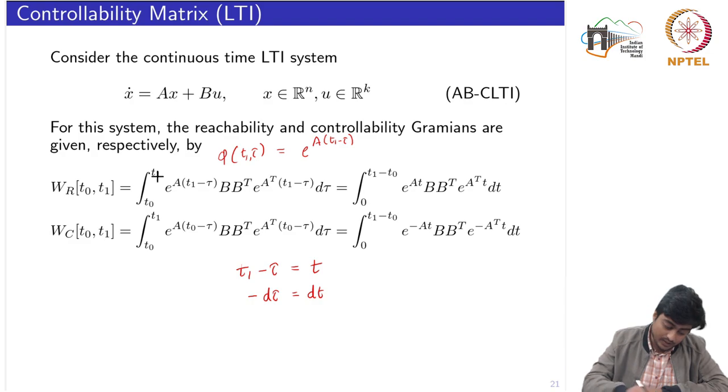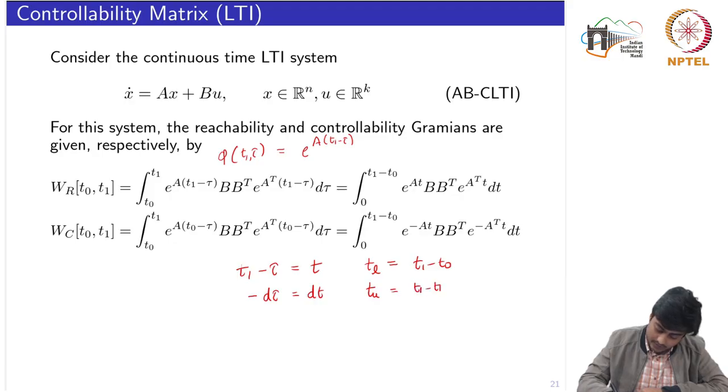Now computing the lower and the upper limit of this new integral, the lower limit would be, putting tau equals t0, t1 minus t0, and the upper limit would become t1 minus t1 equals 0. So it would go from t1 minus t0 to 0 with a negative sign because of this part.